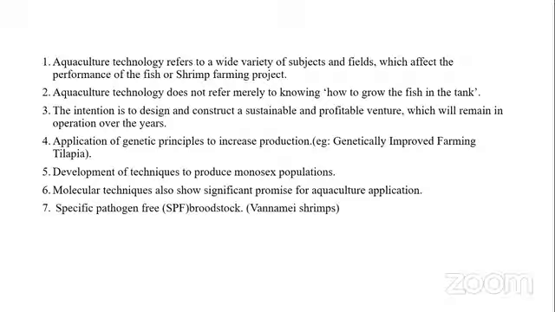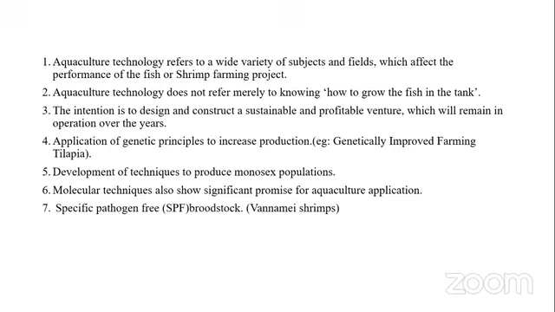Application of genetic principles to increase production, which is why GMO is introduced. Development of techniques to produce monosex populations in the case of tilapia, because tilapia is called the aquatic chicken, and it attains sexual maturity when it is just 2 months old. So it starts breeding, and all the energy which should go into its growth goes into reproduction.